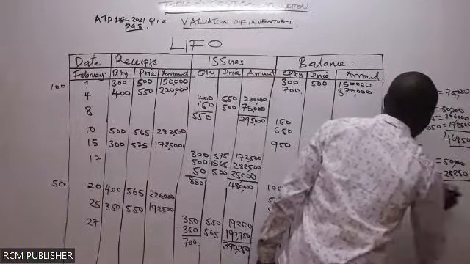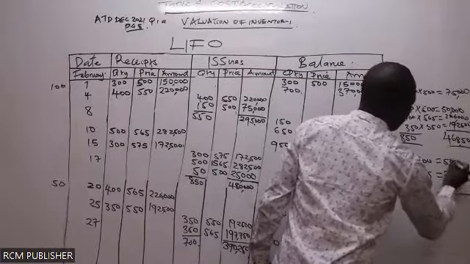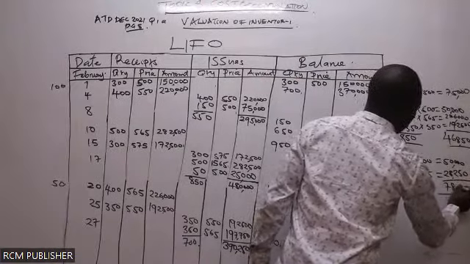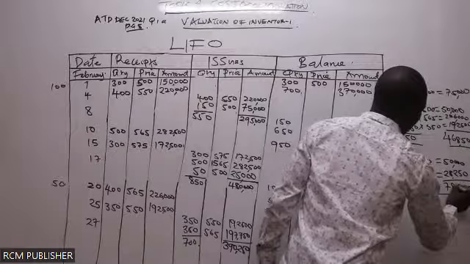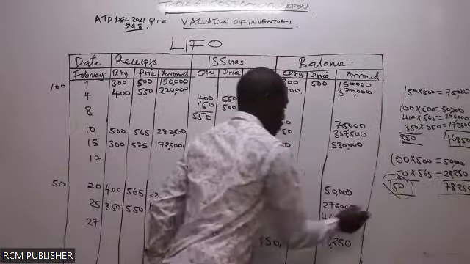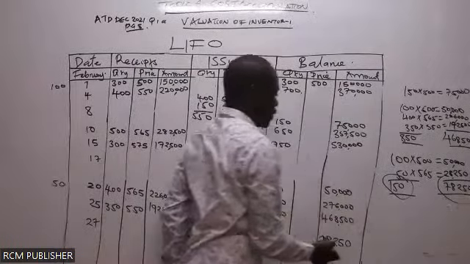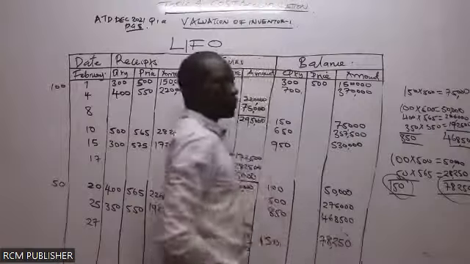And that is what is giving us a total of 150. And then we have 78,250. So if we do that independently, we are able to see the units here. We are able to see the value of closing inventory here.